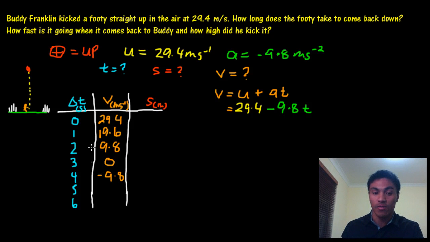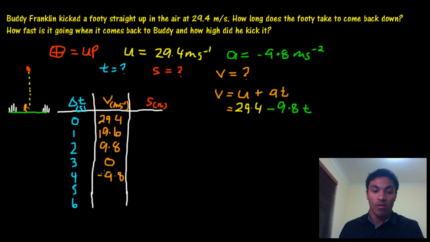Now remember our coordinate system: a positive velocity means it's going upwards at that particular time. At time 0 seconds, it's going up at that speed. At time equals 1 second, it's going up at that speed, and so on. But at time equals 3, it is no longer going up; the velocity is 0.